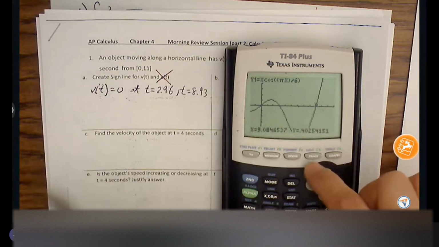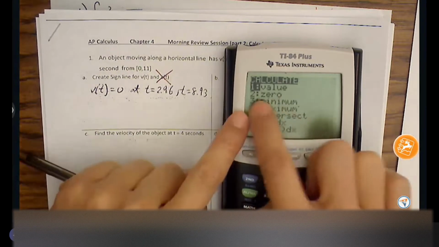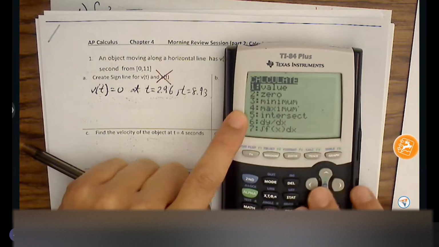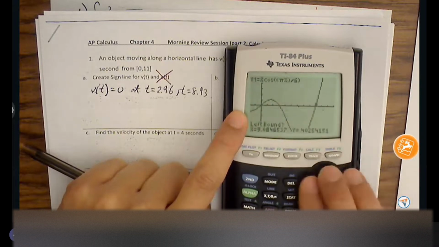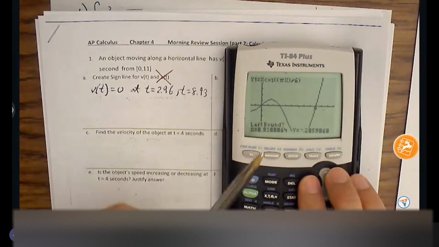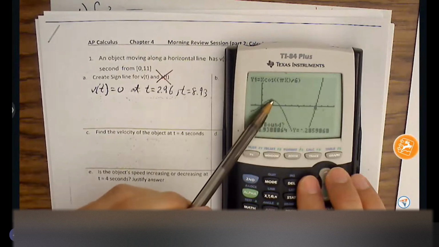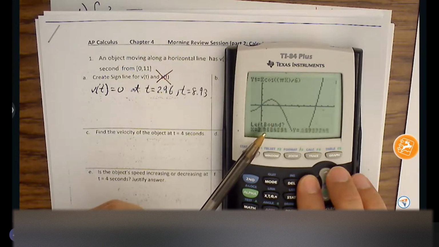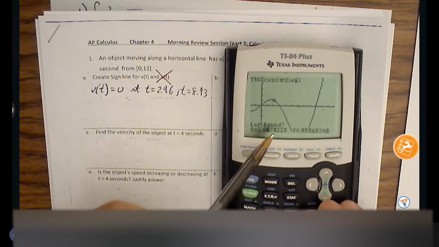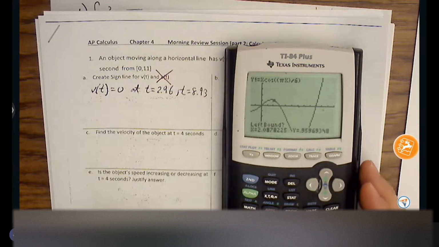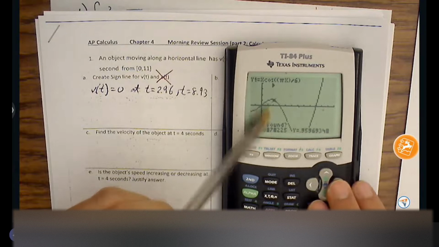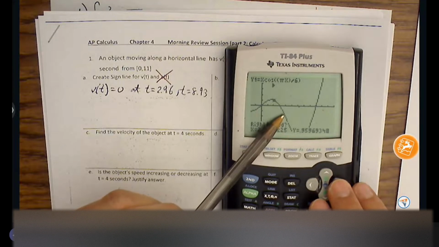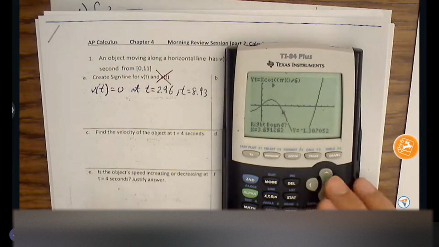We can gain more accuracy if you do second trace 0. Second trace 0 means I'm going to look for that x-intercept. Left bound: I'm going to pick a point to the left of the x-intercept, safely to the left, hit enter. Now it's locked in. Right bound: we're going to tell the calculator a point on the other side of the x-intercept, hit enter.